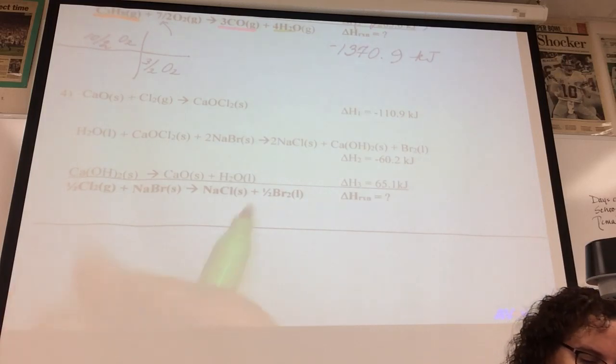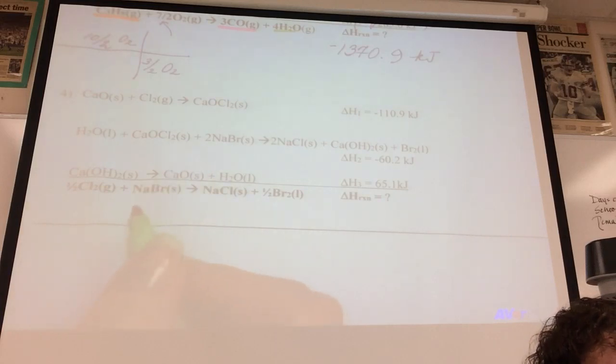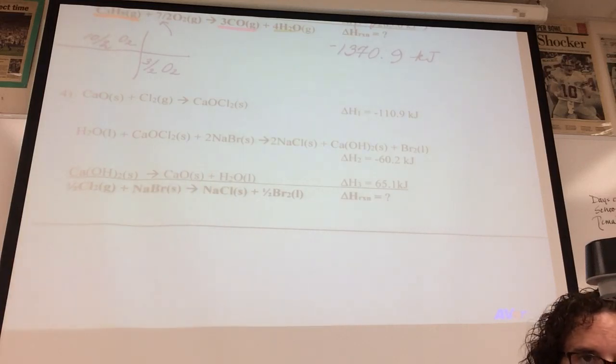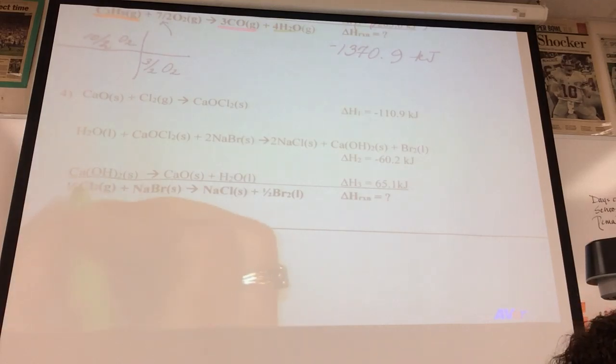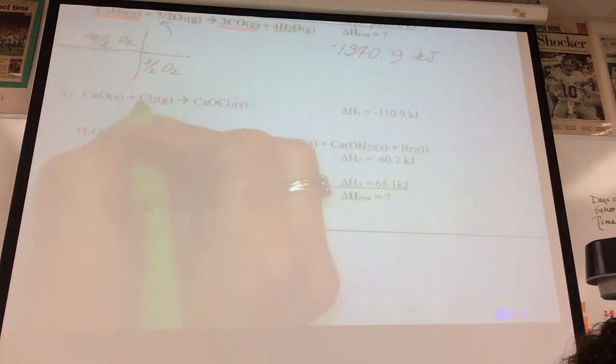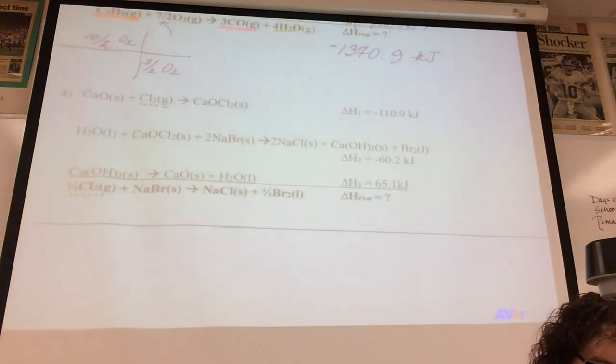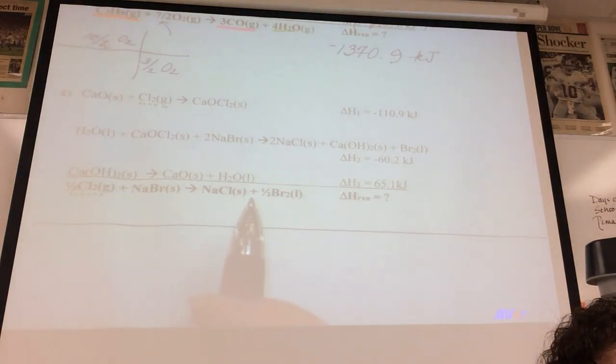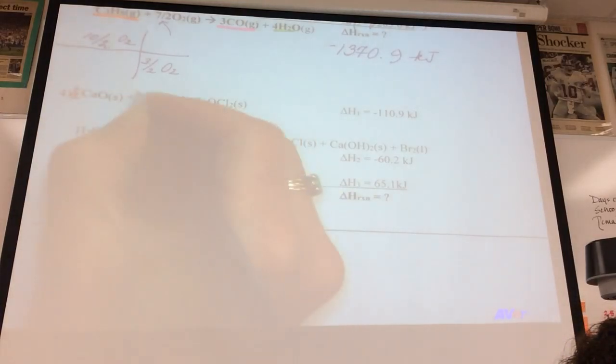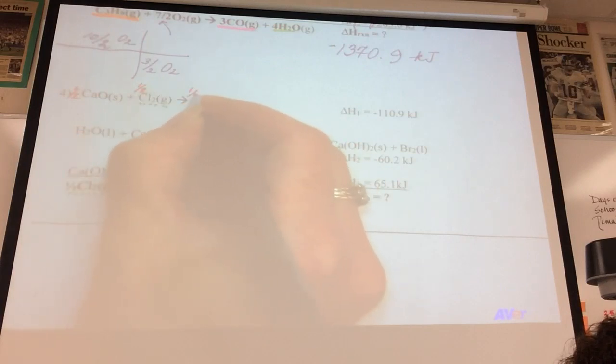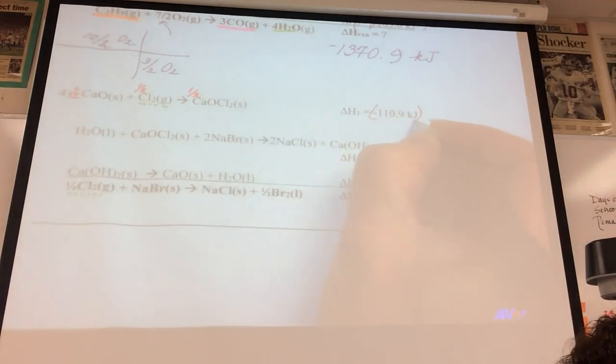Here's my approach. This one's just a little sneaky because you've got fractions in there. Here's chlorine gas right here. That suggests I need to multiply the first equation by half. And when I do that, I'll multiply this by a half.